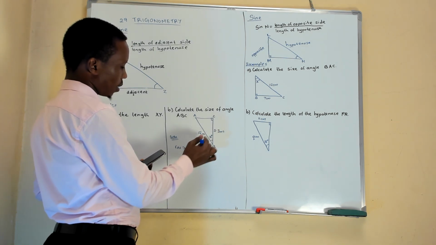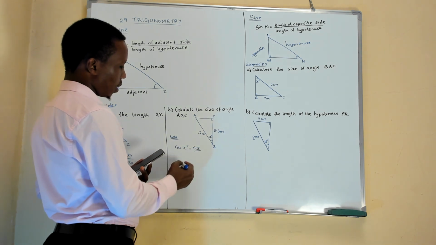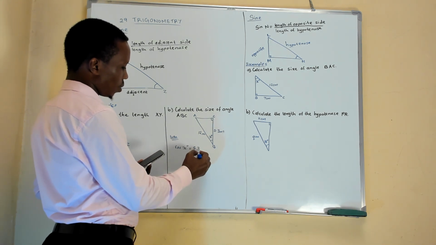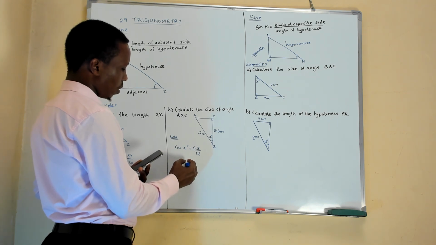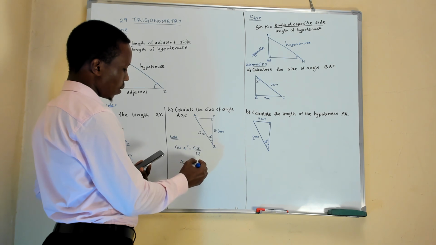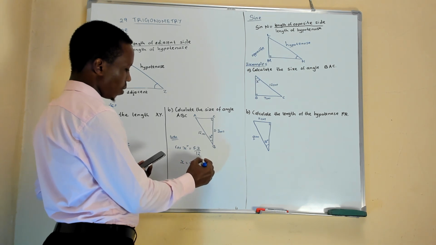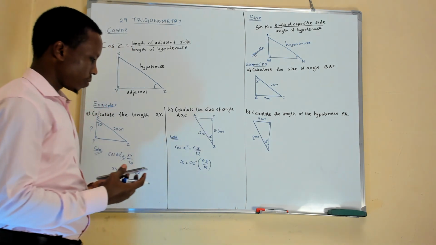The adjacent is 5.3 divided by hypotenuse, which is 12. So x itself is the cos inverse of 5.3 divided by 12.